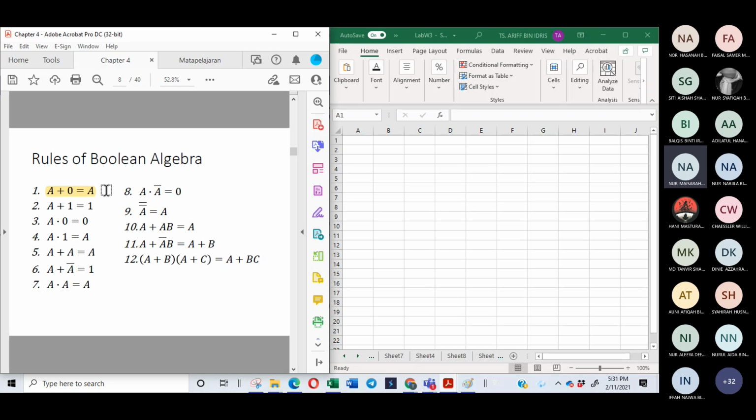Just now I have shown you how to prove the Boolean algebra. Using what? Truth table.